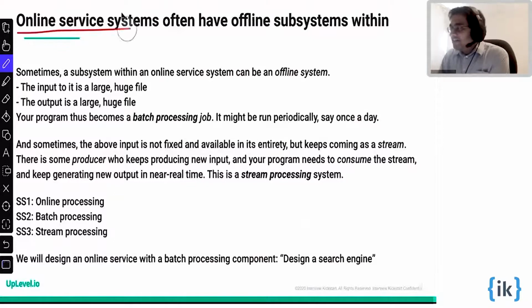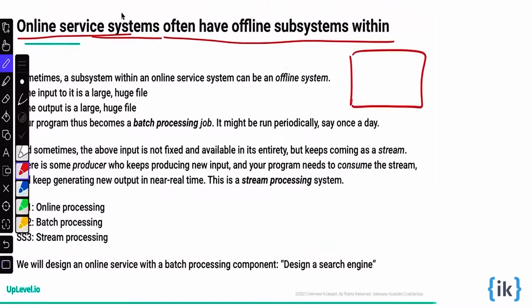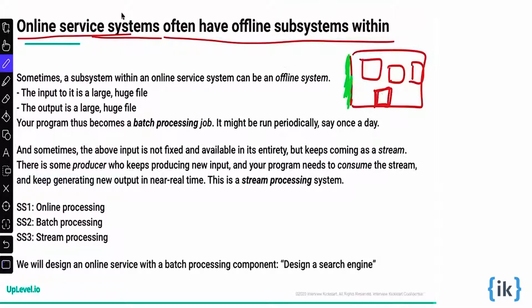Now, an online service system, which is large in itself, think of the Google search engine, for example, will often have an offline subsystem within it. So if you go back to that picture of a system with an interface exposed outside and being composed of a collection of subsystems, one of these subsystems or some of these subsystems might not be online, they might be offline.